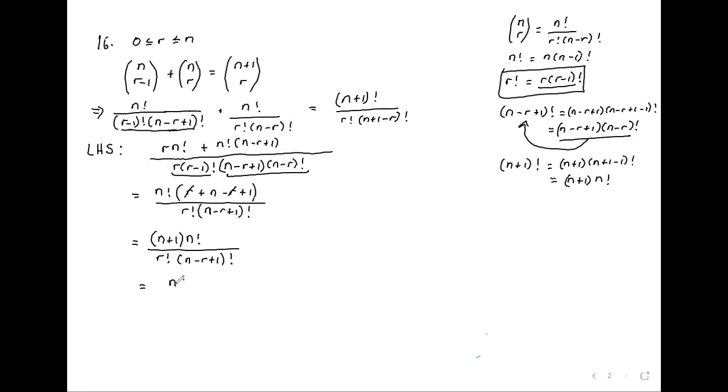So it can be written as n plus 1 factorial divided by r factorial n plus 1 minus r factorial. Just arrange this, they are already there, but this is the same as n plus 1 choose r, which is the right hand side.